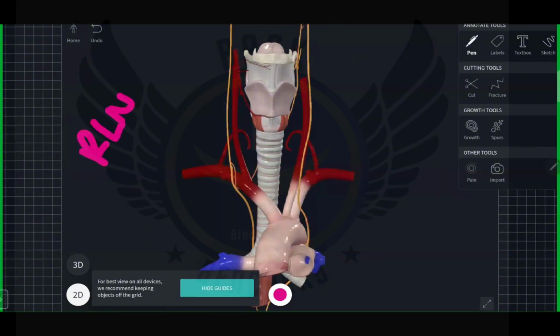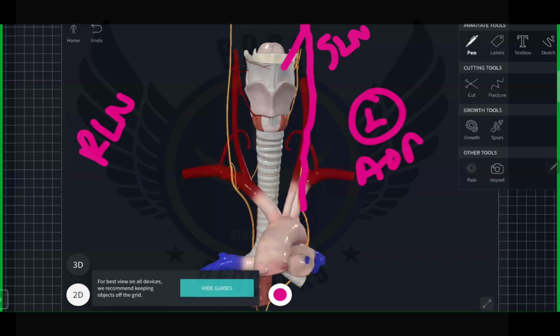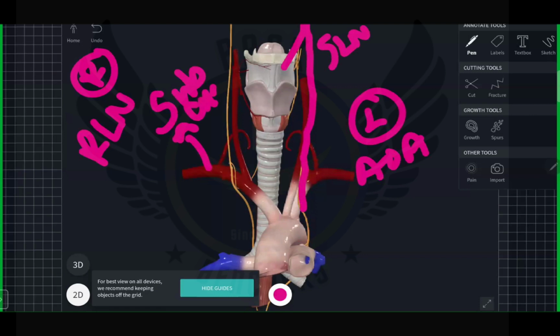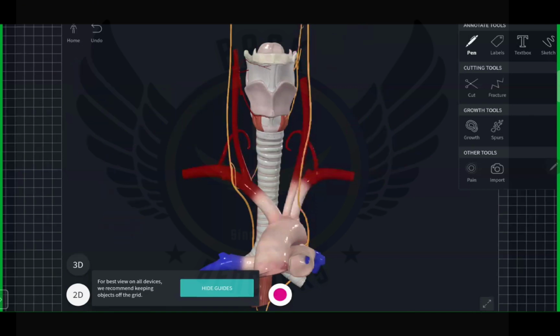So the vagus passes and gives the superior laryngeal nerve, and somewhere along the way, on the left side near the arch of aorta and on the right side near the subclavian artery, it gives a recurrent branch, that is the recurrent laryngeal nerve or inferior laryngeal nerve. Now, when you know this, let's talk about artery.